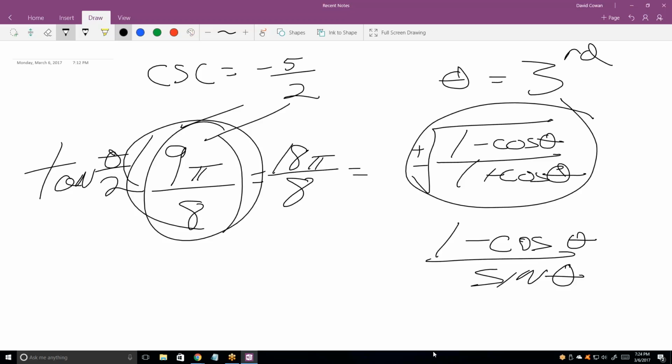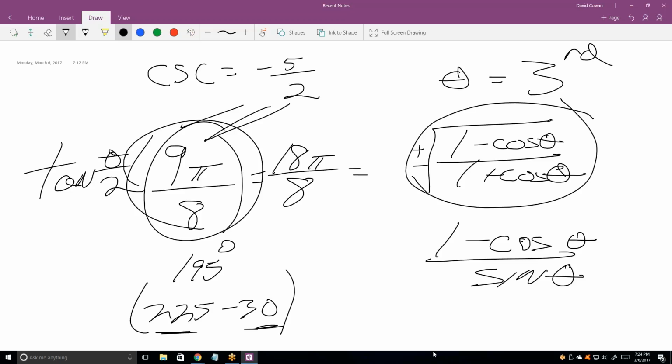Right off my head, I can't think of how to do it. Maybe it's not that doable with 9 pi over 8. Sometimes it was like 195 degrees. It took me a while to figure out that that was 225 minus 30, and both of these are knowable without a calculator.